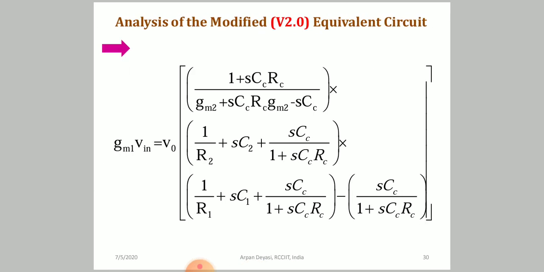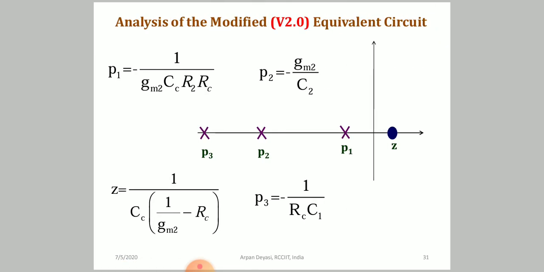From it you get the transfer function, so calculate. You will get 3 poles and 1 zero. P1 will be very close to origin because CC is high. P2 will be away from origin, much away from P1, because C2 is low. And P3 is also away from origin because both RC and C1 are low.